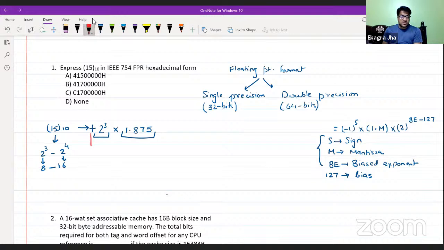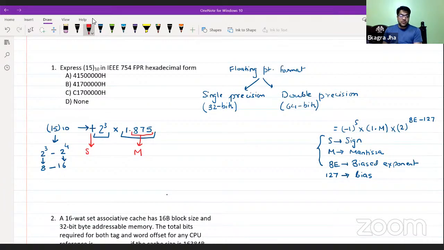So the plus sign is going to be the sign value, which represents whether the value is positive or negative. Okay, this 2 to the power 3 is going for the calculation of biased exponent, and the remaining part 1.875, the .875 is going to be the mantissa.